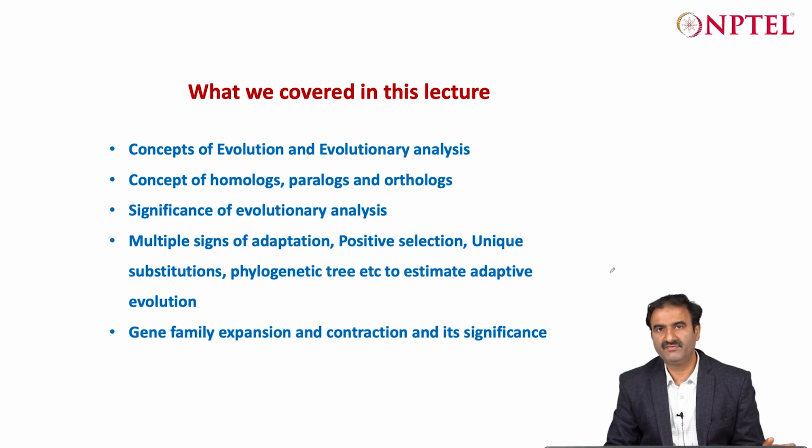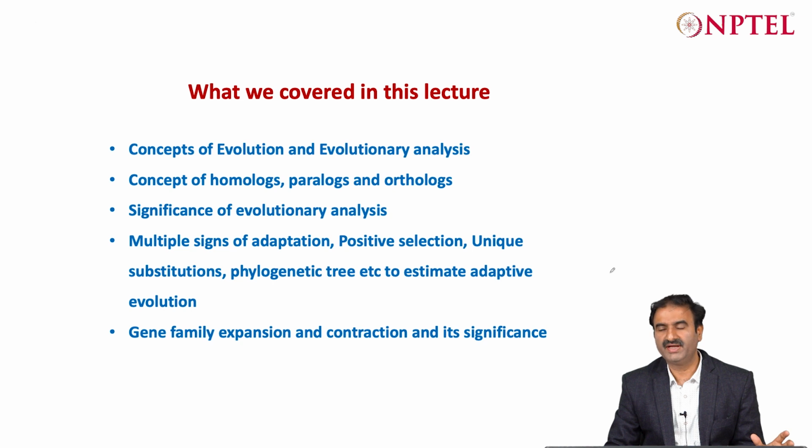Okay, so in this lecture we covered various aspects of evolution and evolutionary analysis. We looked at the concepts of homologs, paralogs, xenologs, ohnologs, and orthologs, and the significance of evolutionary analysis and why we should do this. We covered the basic methods, including alignment, followed by various types of evolutionary analysis, such as looking for multiple signs of adaptation which come from positive selection, unique amino acid substitutions, or root-to-tip length, and other kinds of analysis.